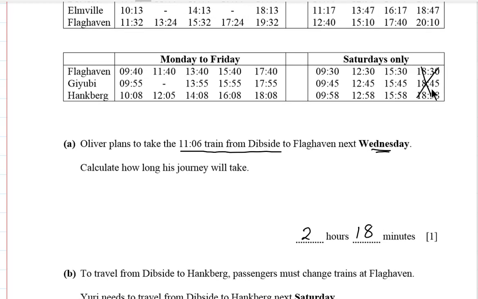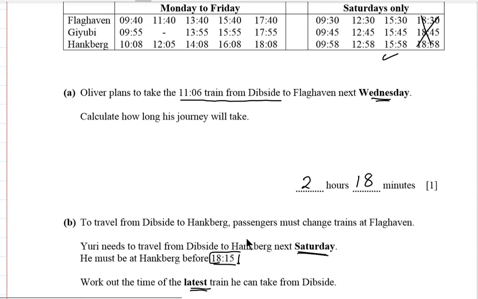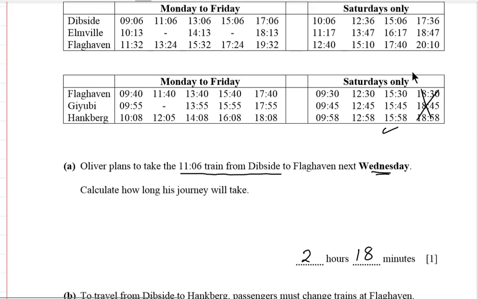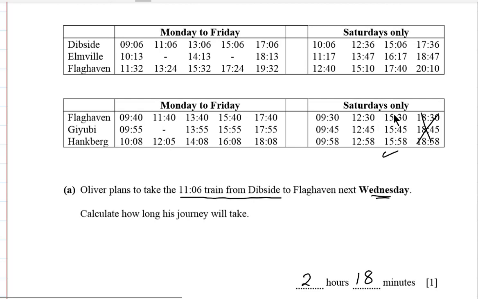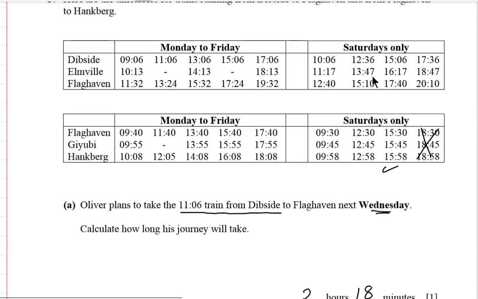We can't take this train, of course, because we will reach at 18:30. And we can accept this train because we will reach Hankburg at 15:58, before 18:15. Okay, to catch this train, which train should we take from Dipside? Of course, we need to reach at 15:30.